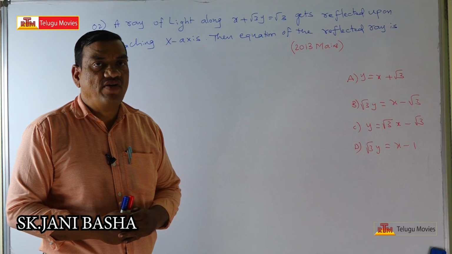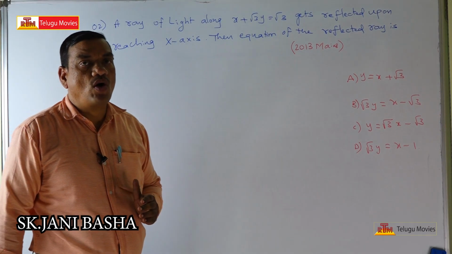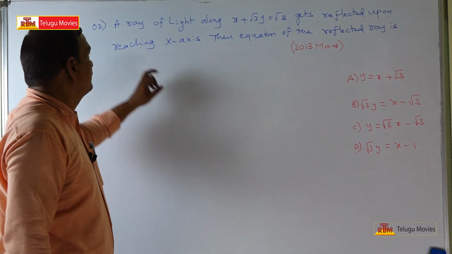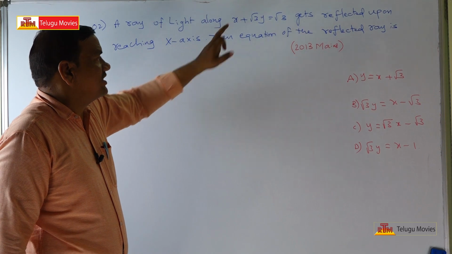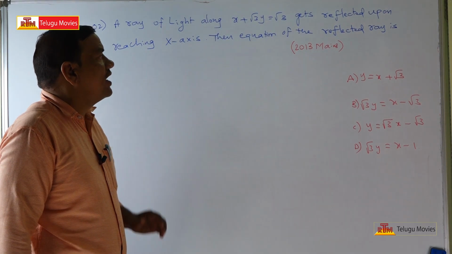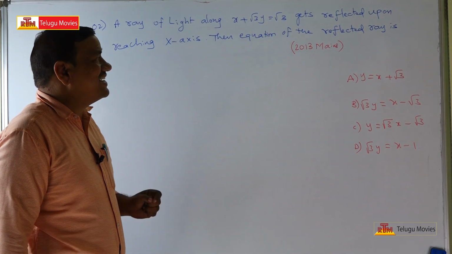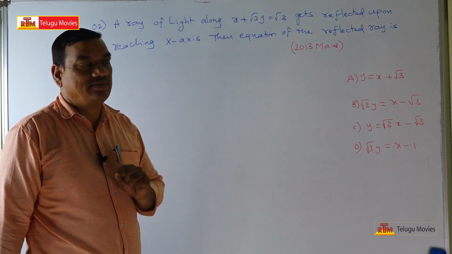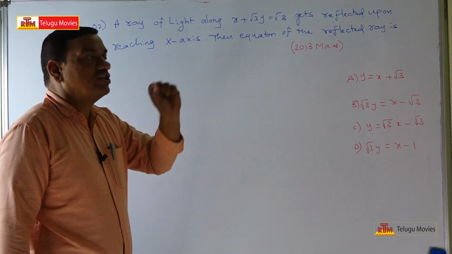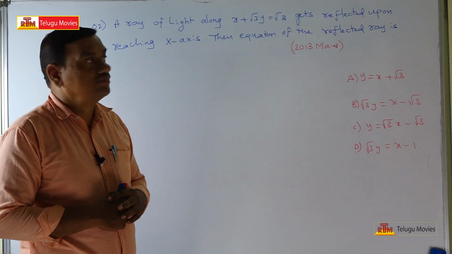Dear students, welcome to the second problem of today's class. A ray of light along x plus root 3y is equal to root 3 gets reflected upon reaching the x-axis. Then find the equation of the reflected ray.